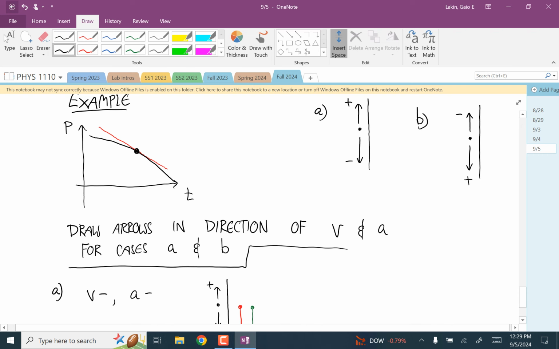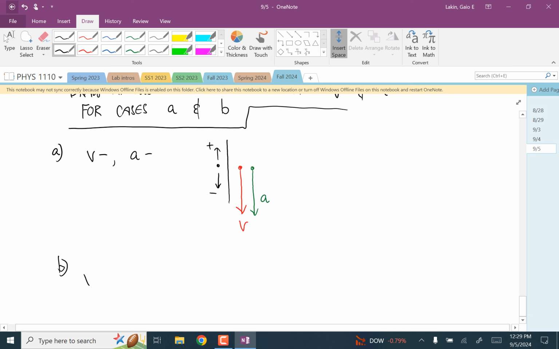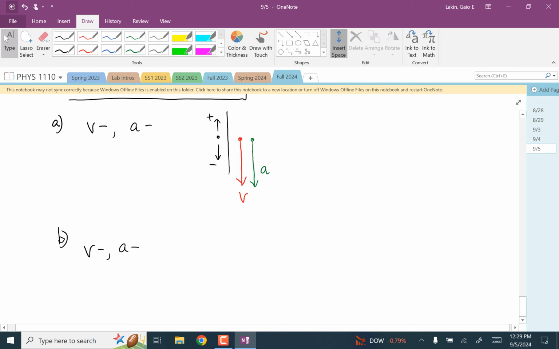That slope is still negative, and that concavity is still negative. So we still have a negative velocity and a negative acceleration. But now, in interpreting what that means, we're talking about a vertical motion where the positive was down and the negative was up.